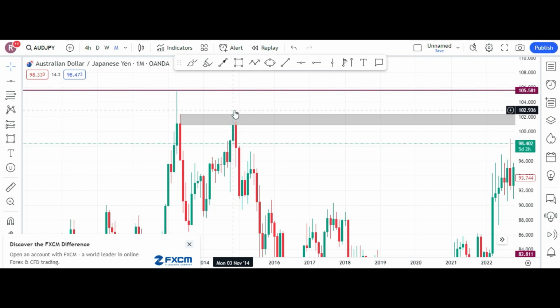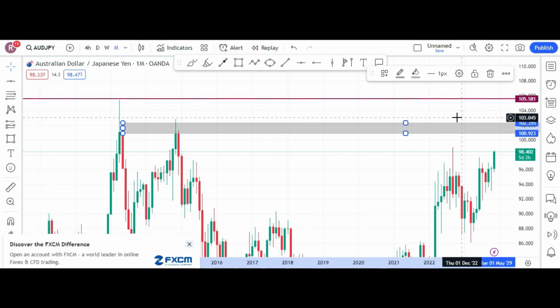The price went up to here, then it came back, opened here and started going bearish. So to see the depth of the market, we should at least consider the higher tip of this shadow. If not this one, at least this one.